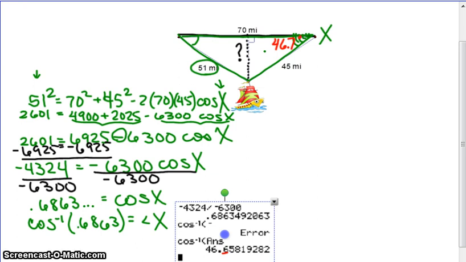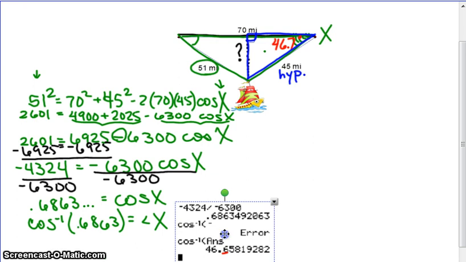Why was that important? Why did I want to find that? I still haven't answered the question. The question is, how long is this side? Well, now let's turn our attention to this smaller triangle that I have here. I now have that angle of 46.7. I have the fact that that's a right angle. This 45 is the hypotenuse of that right triangle.